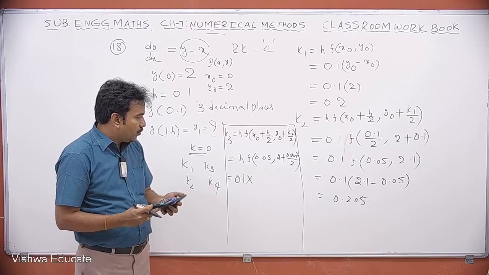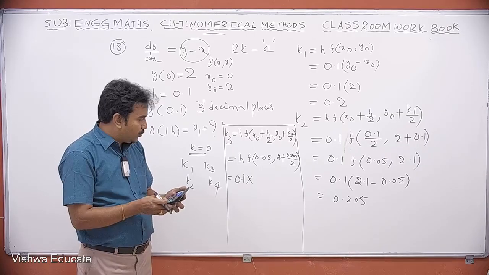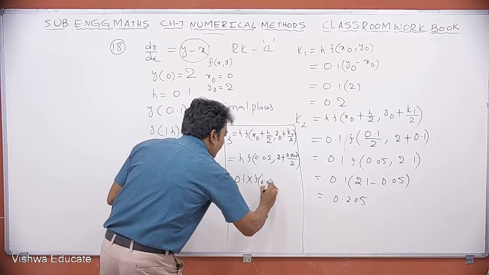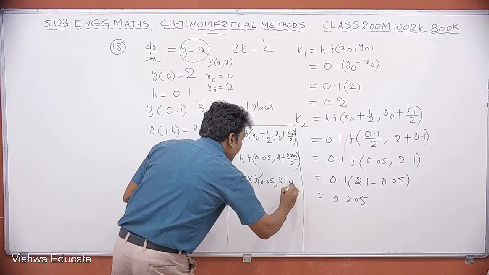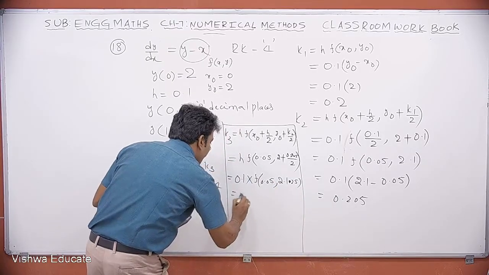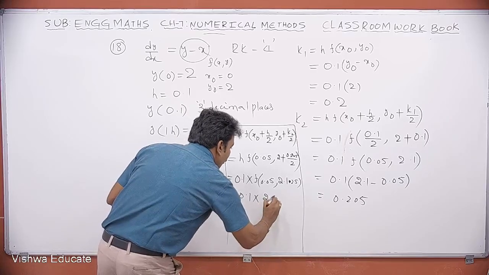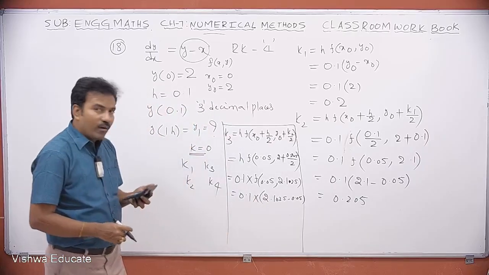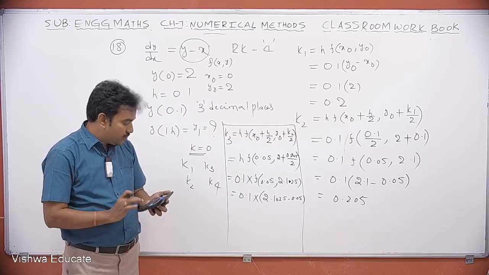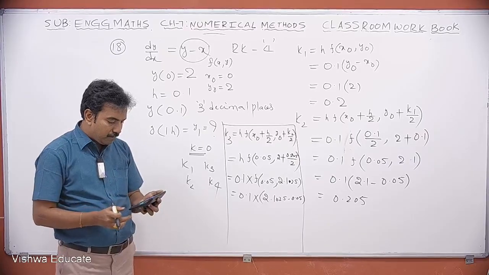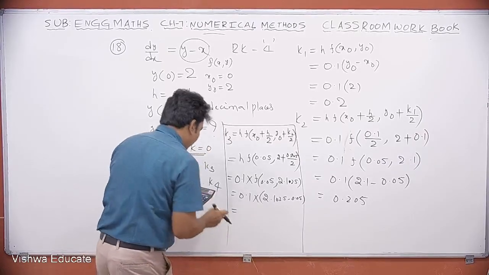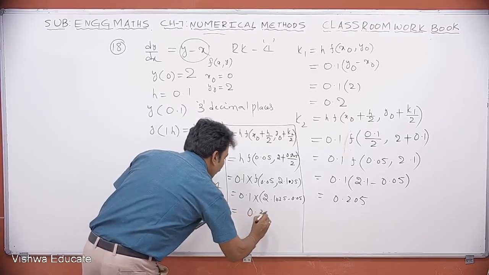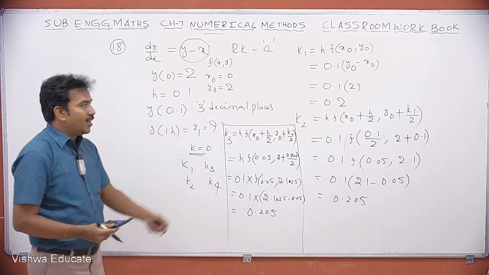This is 0.1025 plus 2. So therefore this is f of 0.05 comma 2.1025. Therefore, this is 0.1 into 2.1025 minus 0.05, into 0.1. So this is 0.205. So we got K3 value like this.